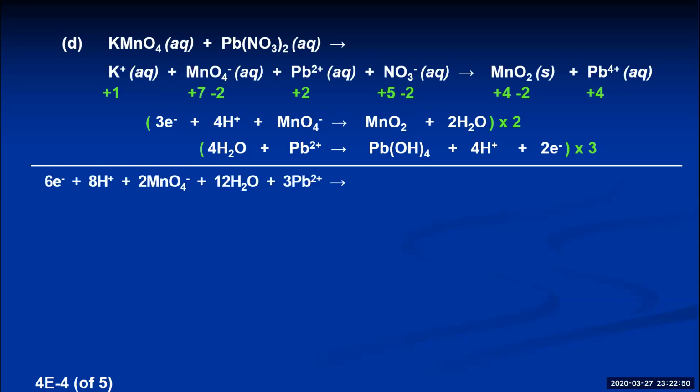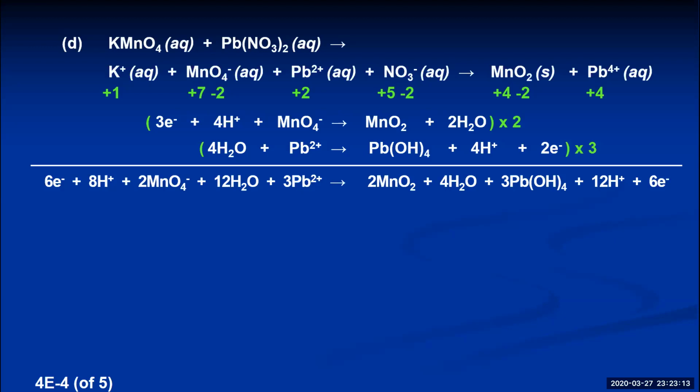So if we add them together, the reactants are 6 electrons plus 8 H positives plus 2 MnO4 minus plus 12 H2O plus 3 Pb2 plus. Product side is 2 MnO2 plus 4 H2O plus 3 Pb(OH)4 plus 12 H plus 6 electrons.